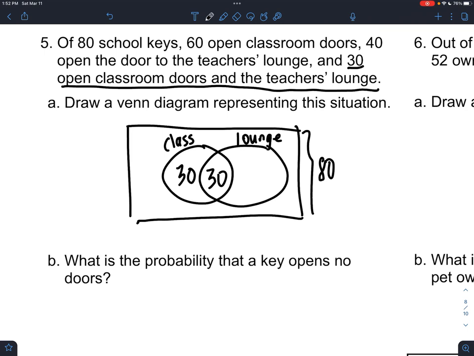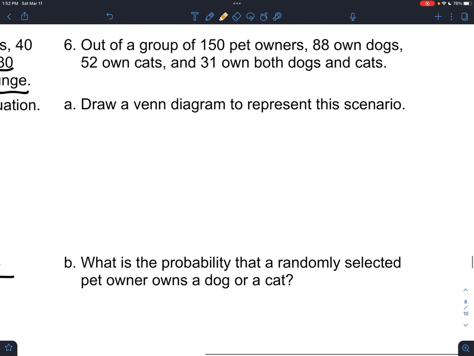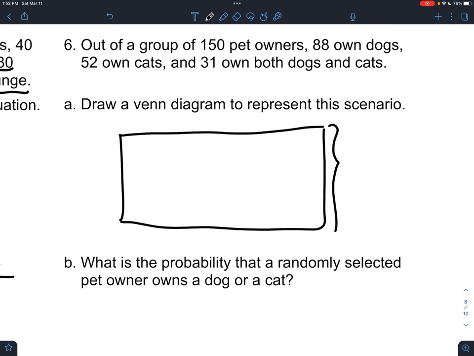So inside of this bubble has to be 60. So I'm forced to put a 30 here. And inside of the lounge bubble, there should be 40. So I should put a 10 there. Okay? Meaning that 80 minus all of that is 10. So what's the probability that a key opens no doors? 10, because that's the number that shows up here.